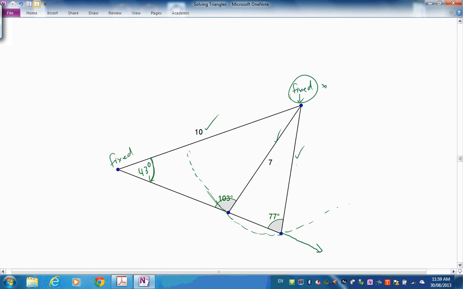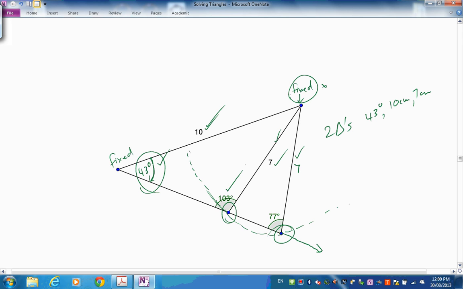It's going to swing through, so this would be 7 as well. Can you see that when we say we have 10 and we have 43 and we have 7, there are 2 triangles we can draw with 43 degrees, 10 units, 10 centimetres, let's say, and 7 centimetres. Because of these 2 positions on this 43 degree line, which are both 7 centimetres from the fixed point.